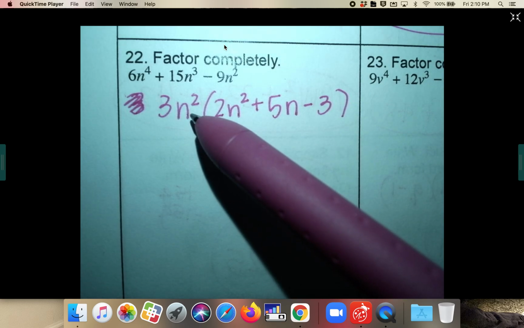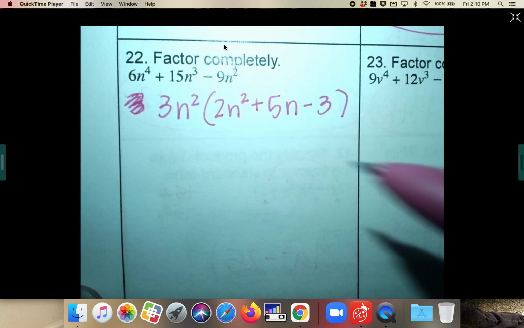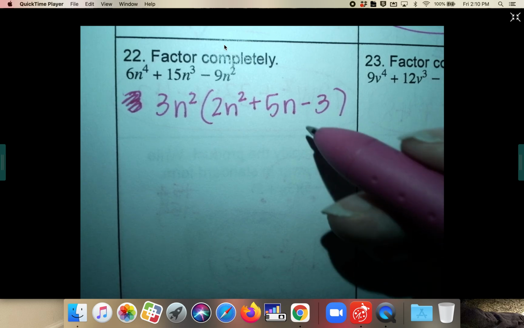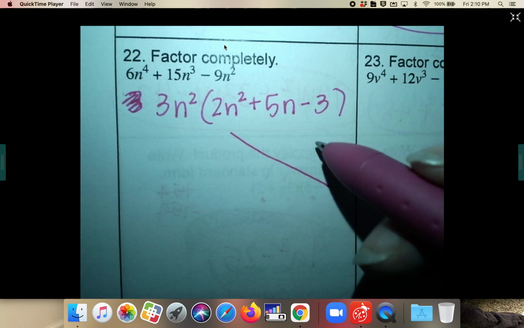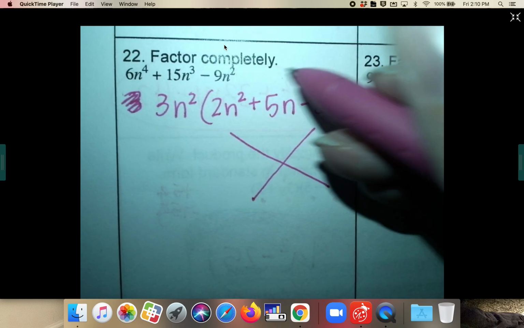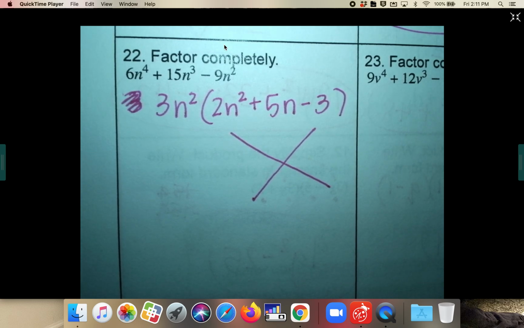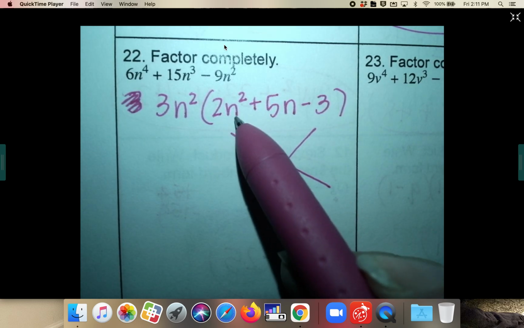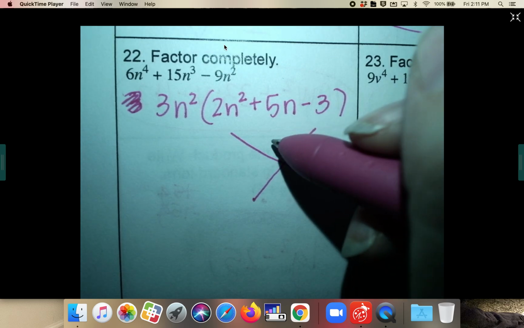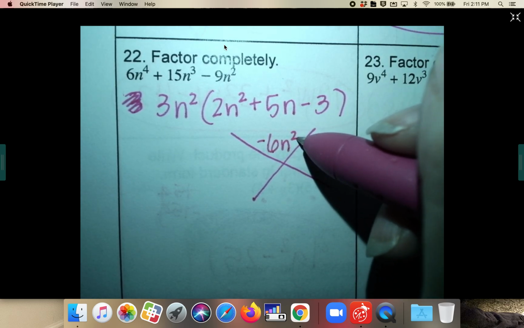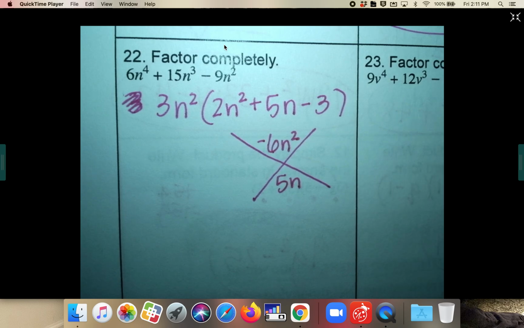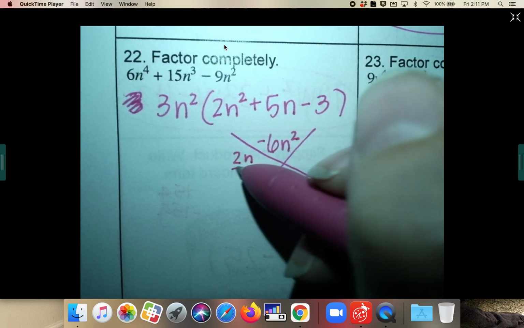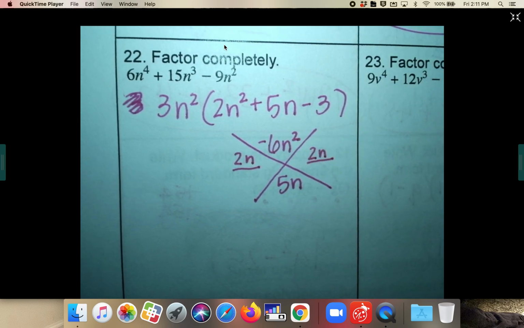So I'm going to leave 3n squared as part of my answer, but I'm not going to put it on there yet. I'm going to go ahead and do diamond method with just this trinomial to try to break it down a little farther. So 2n squared times negative 3 is negative 6n squared. 5n is my b term. 2n over 2n over.